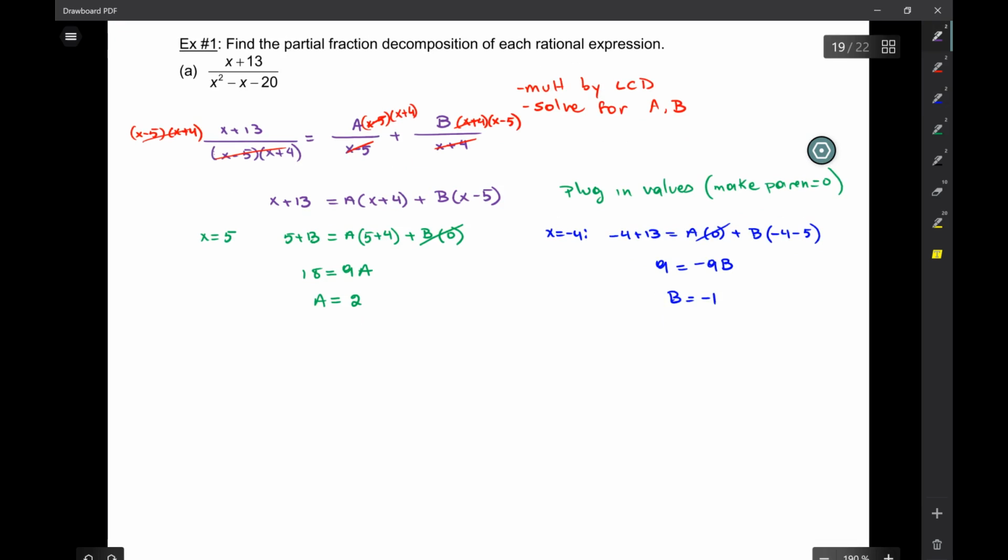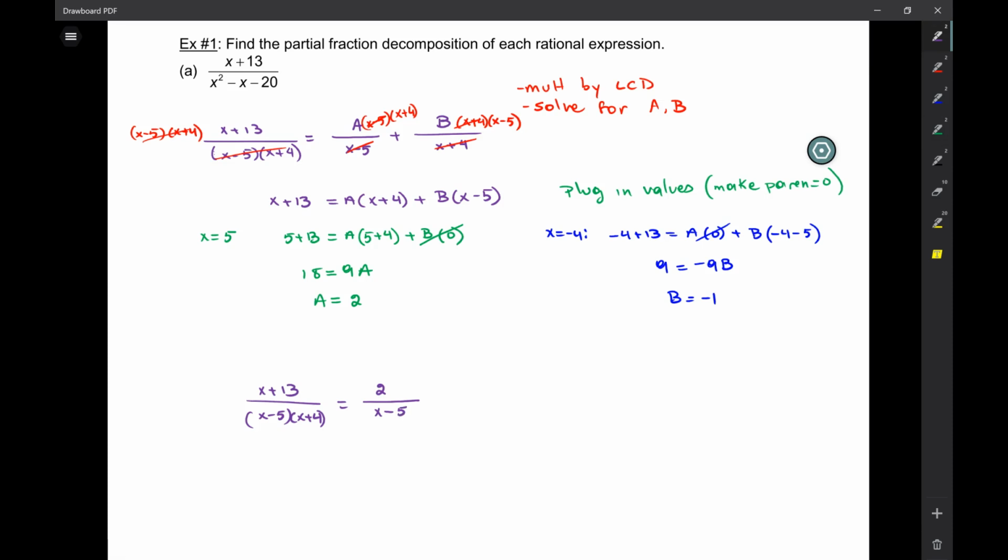Okay? So now I need to write this. I say this is equal to, I need to go back and put these values into here. A belongs to the fraction with x minus 5. So I say that is 2 over x minus 5.